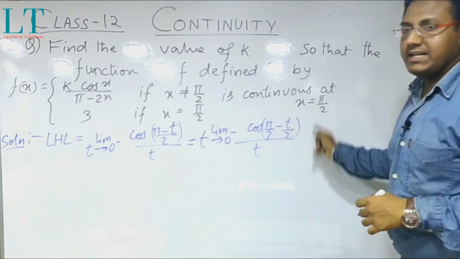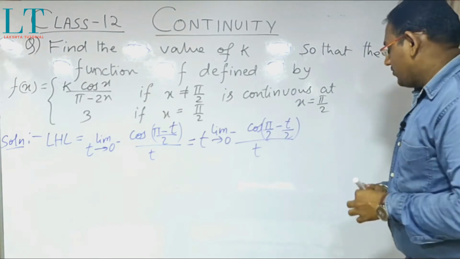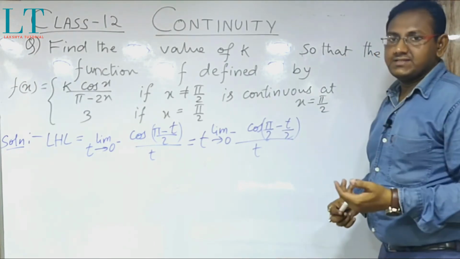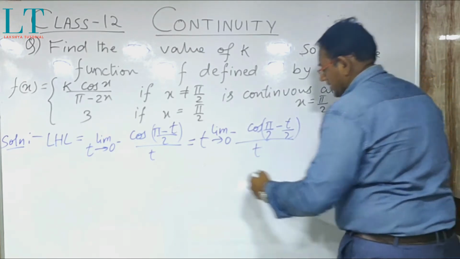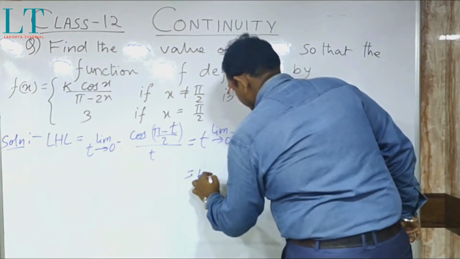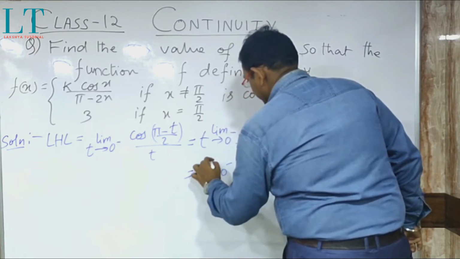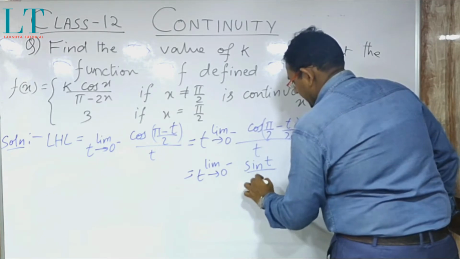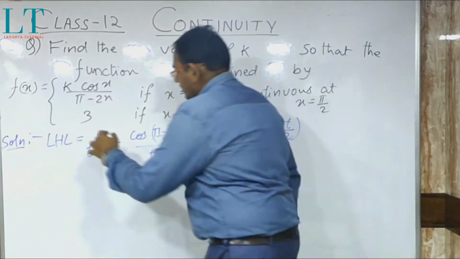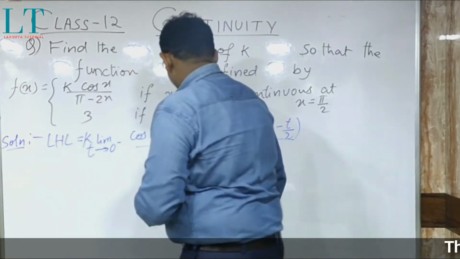Now cos (90 minus theta), we already know from the basics that cos (90 minus theta) will give me sin theta, for an acute angle. So this part will give you, t tends to 0 negative limit, sin t by t, and there was also k at the beginning.